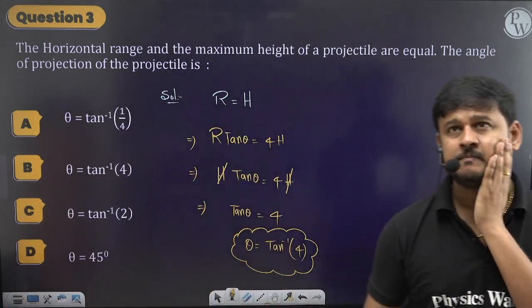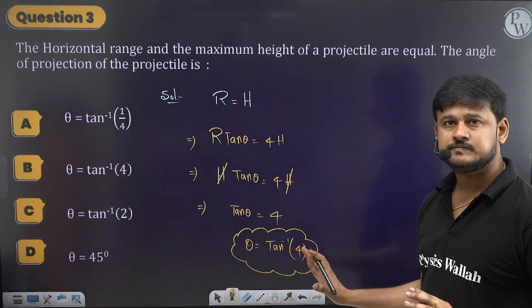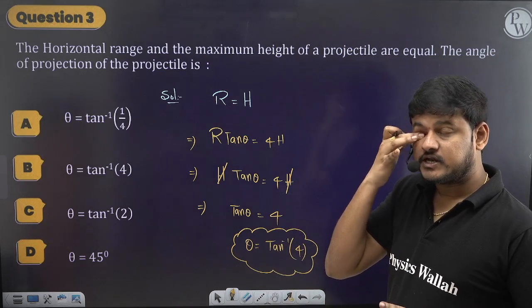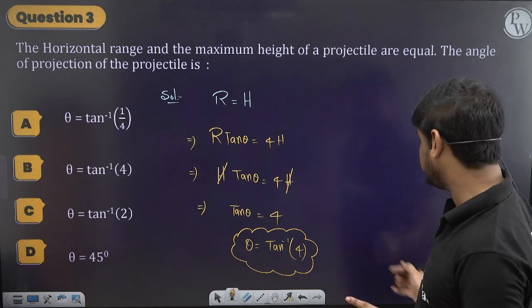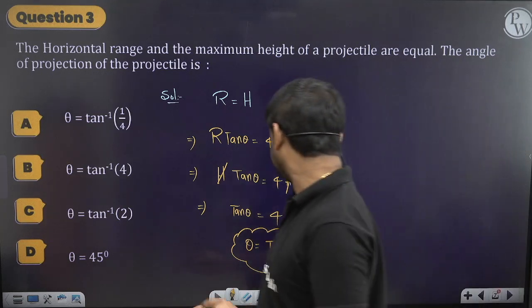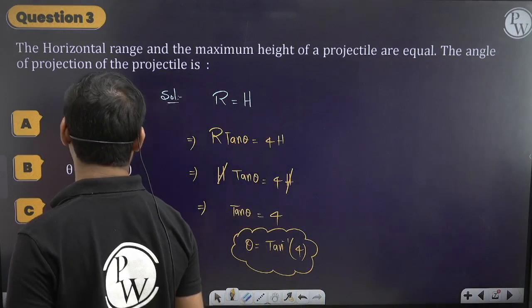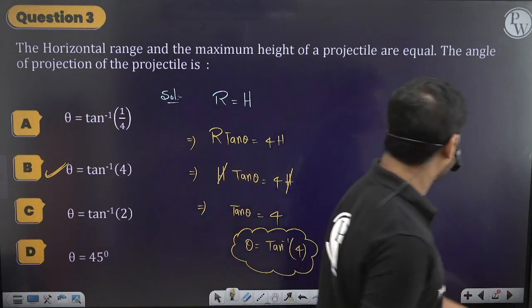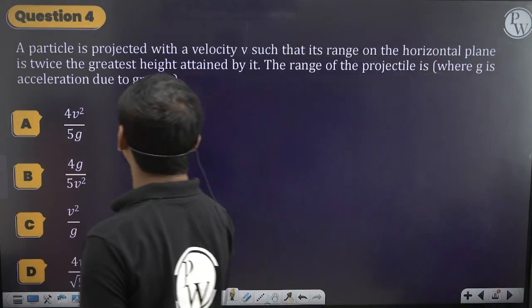Clear this part? Any doubts related to this? Quickly. So no, chal. So the option is tan inverse of 4, which is option B. So next question, what does the question say, see here.